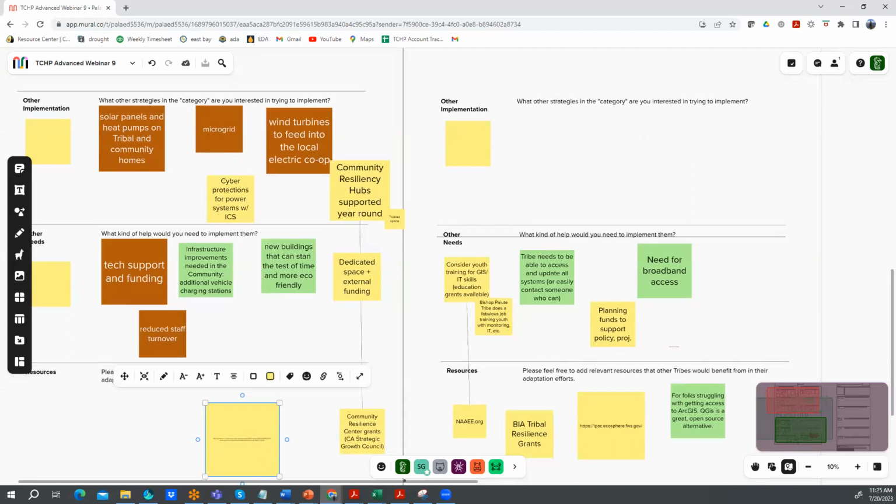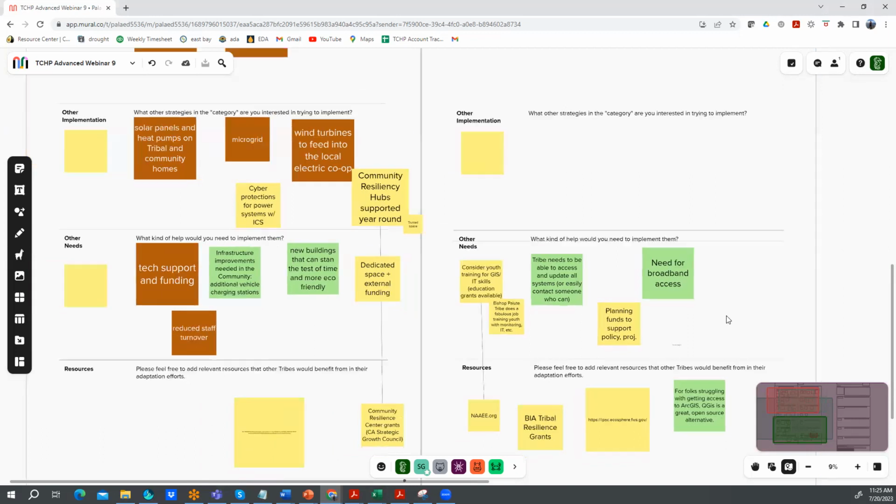AT&T, Verizon, spotty, especially based on the location of the reservation and the inability to have a direct line of sight to any of the existing towers. So we've had to create a relay with ANZA Connect that we are trying out right now that provides some Wi-Fi to the existing homes.